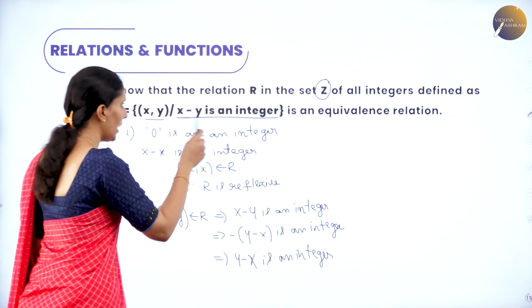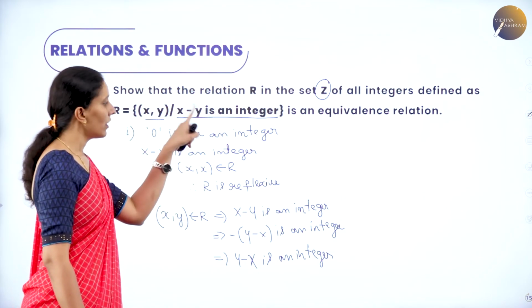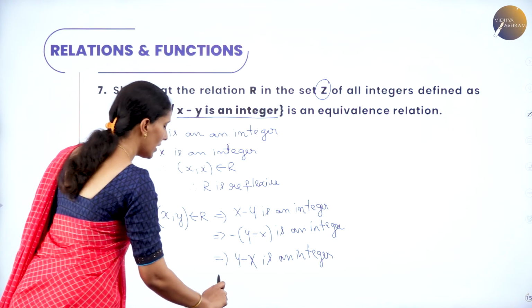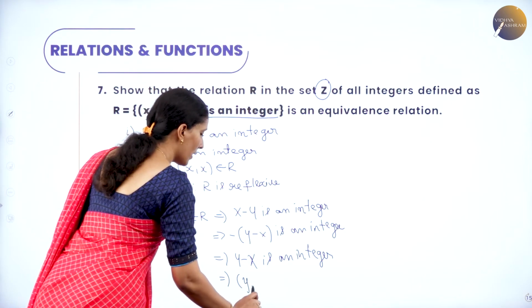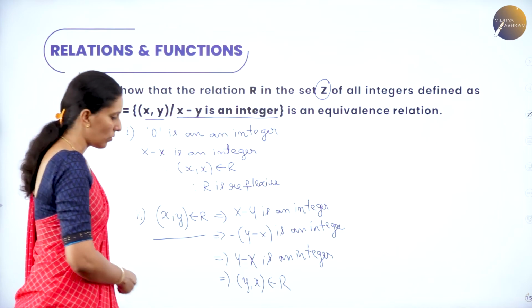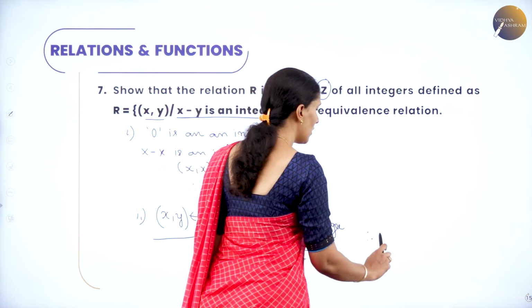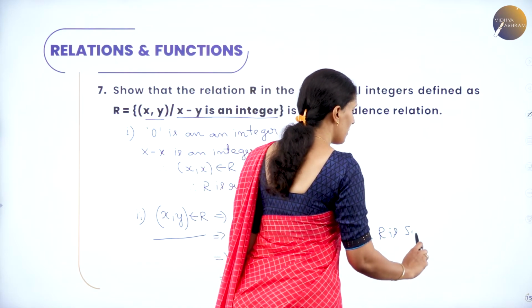So again from the relation set, if x minus y is an integer, then (x, y) belongs to R. If y minus x is an integer, then it implies (y, x) belongs to R. For all (x, y) belonging to R, we have (y, x) belongs to R. Therefore R is symmetric.